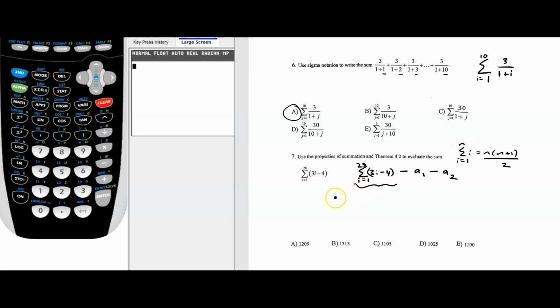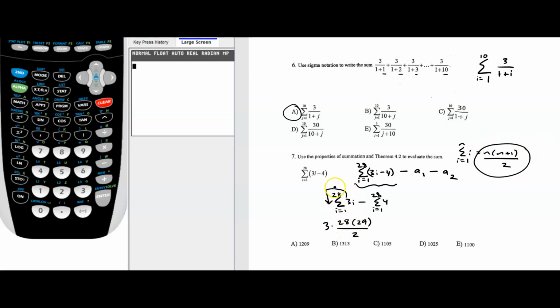So I would break this one up and say this is the sum of 3i as i goes from 1 to 28 minus the sum of 4 as i goes from 1 to 28. The 3 can come out in front. Remember, it's kind of like that constant multiple rule idea. So you have 3 times the sum of i, and the sum of i is n times n plus 1 divided by 2, but my n is 28.